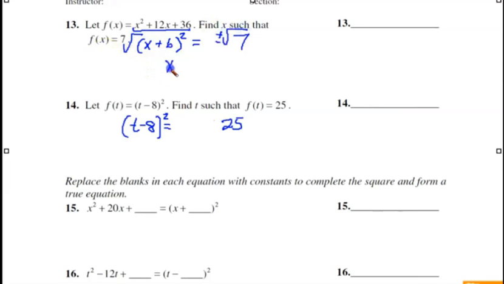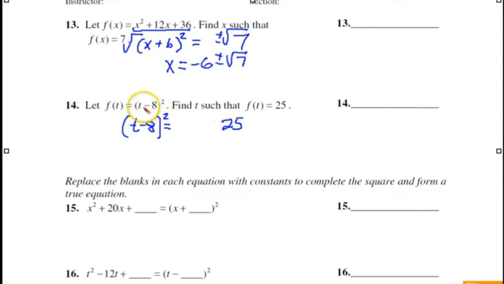This then becomes x equals, transpose the 6, negative 6, plus or minus the square root of 7. So if we had an equation, this equals 7, which is what we had, and if we factor this perfect square trinomial into a binomial square, then we have a very easy way to solve it.